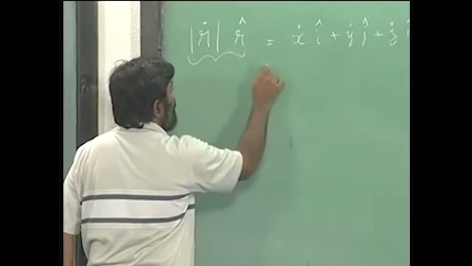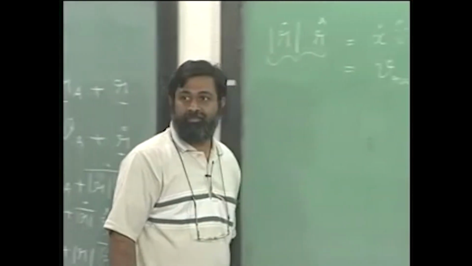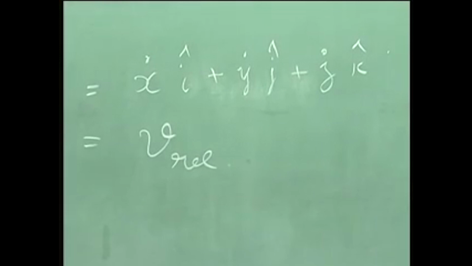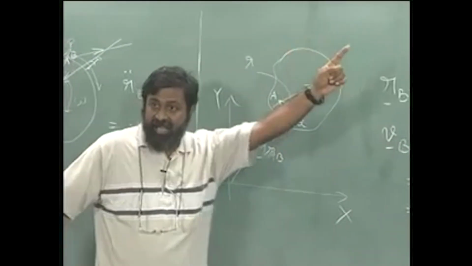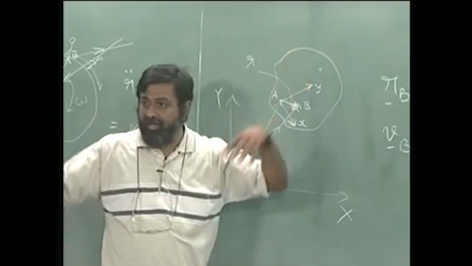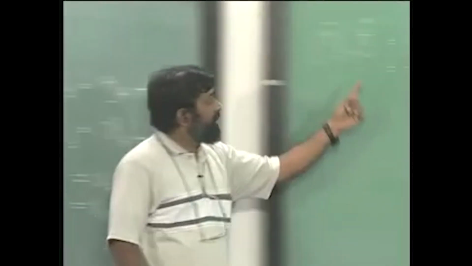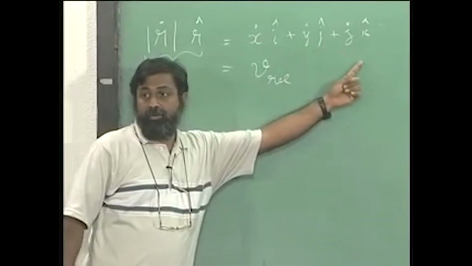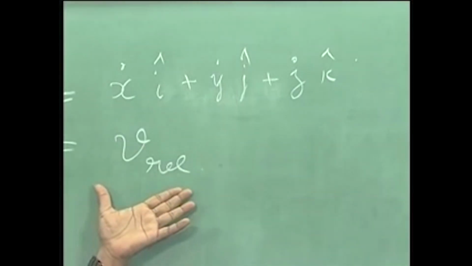So, if I write this as this, let me call this as V relative. Why? Because if I am standing on this and having this fixed frame of reference on the rigid body, and I am seeing the insect moving, that will be the derivative of x, y and z, and therefore I am going to call that as V relative.